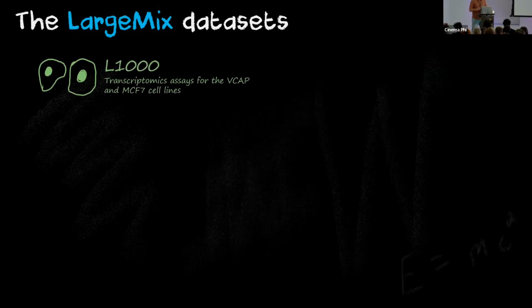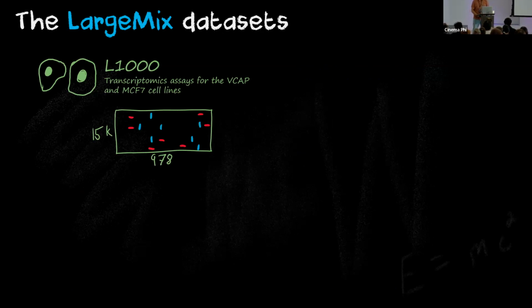So let's talk about the datasets, for example, that we included in the large mix dataset. These include cell assays from transcriptomics L1000, where we have about 15,000 molecules in the dataset and roughly 1,000 labels. And the labels are either 1 as having positive effect, 0 no effect, and -1 as negative effect.